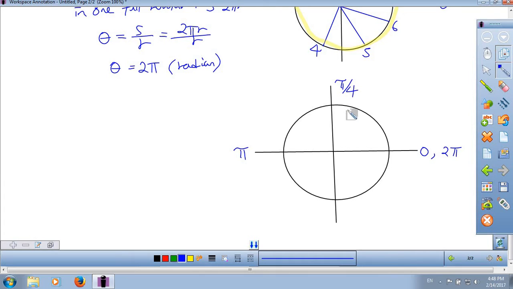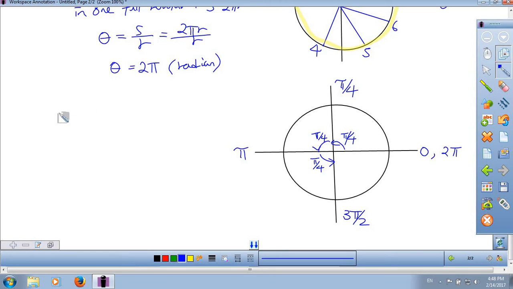So it's pi divided by 4. Every 90 degrees is pi over 4 revolution. Every quarter is pi over 4 revolution. So down here, this is 3 pi over 2 radian. Okay, that's the basic understanding of where the major angles are.